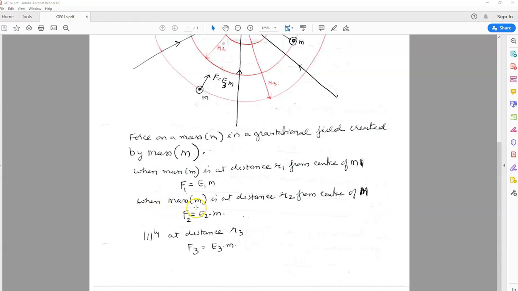Now the force acting on the mass m at a distance r2 is, according to the formula, F2 is equal to E2 times m. Similarly, at a distance r3, the force acting on the mass m is E3, the gravitational field strength at that distance, times m.